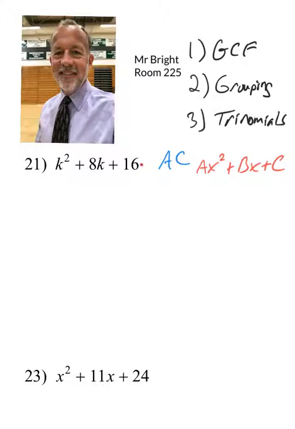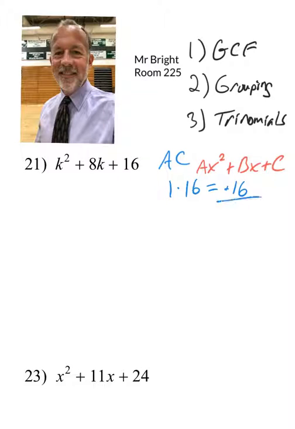So in this particular case, the a is the 1, not the k squared, the b is the 8, and the c is the 16. In the AC method, what we typically tell you to do is take the a term and the c term and multiply them together. So in this case, that would be 1 times 16, which is equal to positive 16. Both of these numbers are positive, and so our 16 is also positive.